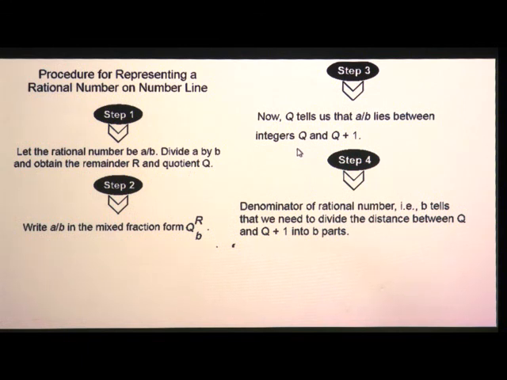Again I will repeat. Now, q tells us that a upon b lies between integers q and q plus 1. Now, what will be the next step? Step number 4. The denominator of a rational number, that is b, tells us that we need to divide the distance between q and q plus 1 into b number of parts.